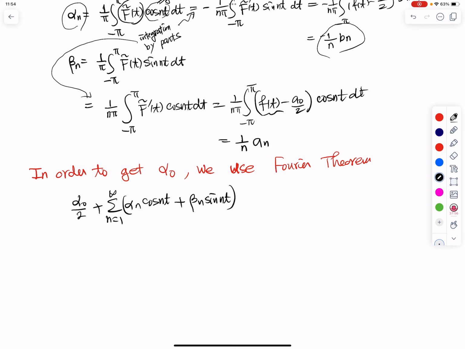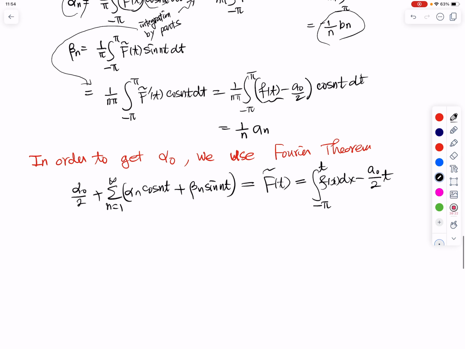That is just large F tilde of t. This converges to F tilde, and this is the integral from minus pi to t of f(x) dx minus a0 over 2 times t. So this is the Fourier theorem.